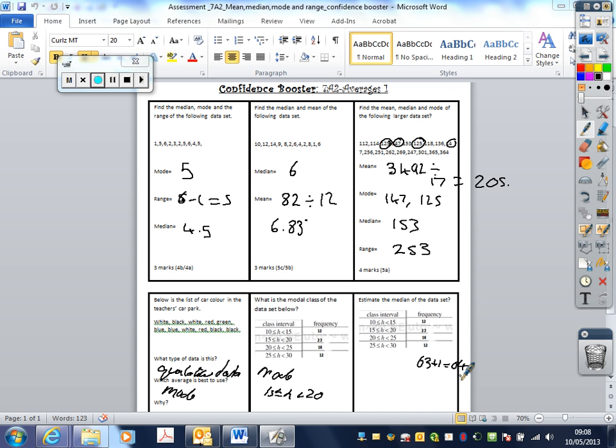This plus 1 makes sure we get the right middle value. 64 divided by 2 is 32. So you find the 32nd one, so we've got 12 in that one. Then this one is 23, so add 23 to 12. It's 35. So up to this point, there are 35 pieces of data.